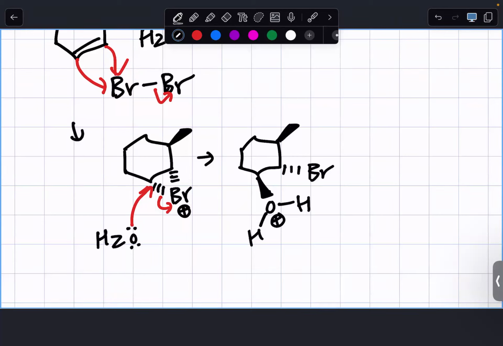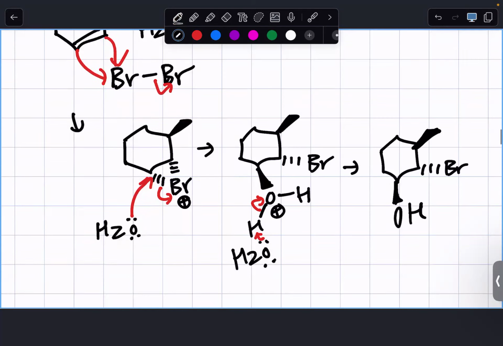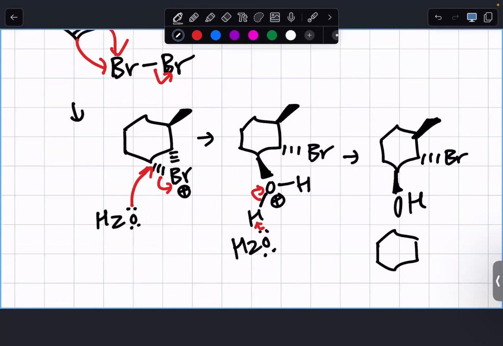And then we could use water or bromine to deprotonate the positively charged oxygen and give us our neutral product here, Br OH. If the water attacked on the other side, we would get this product here.